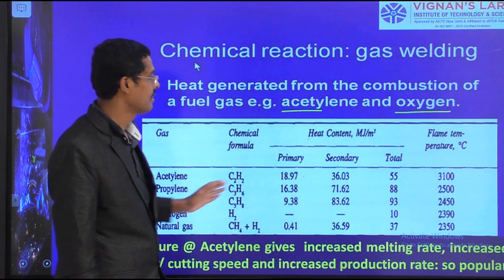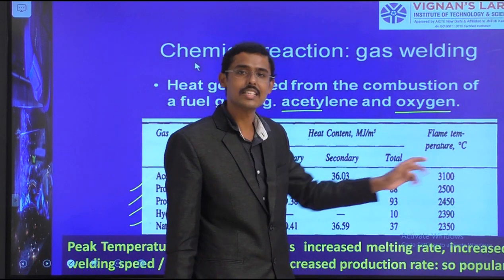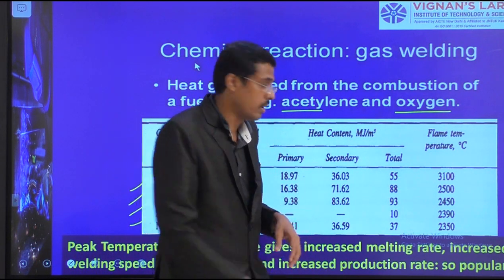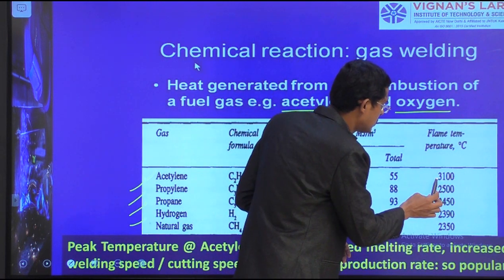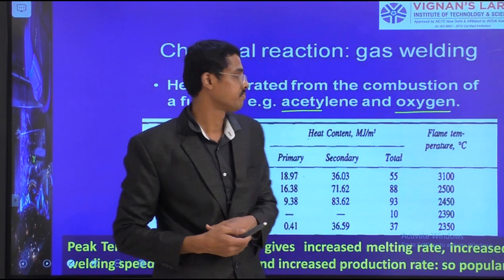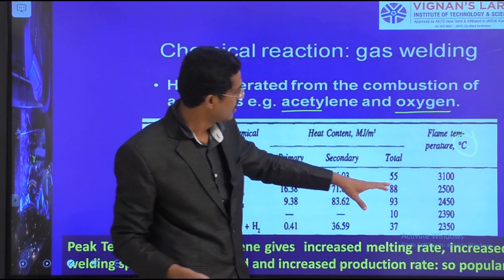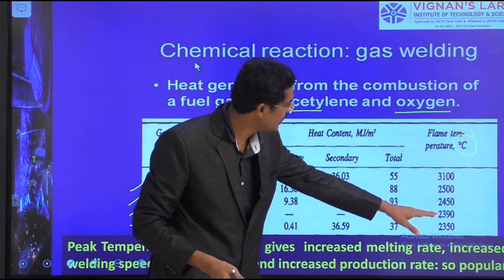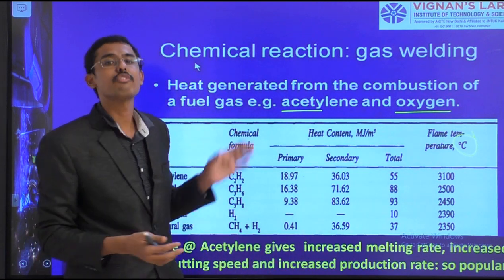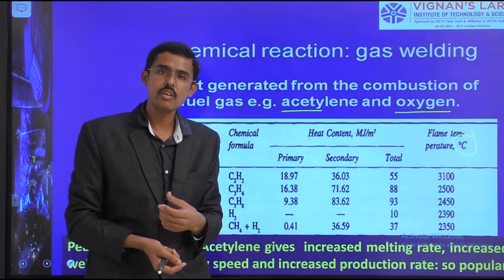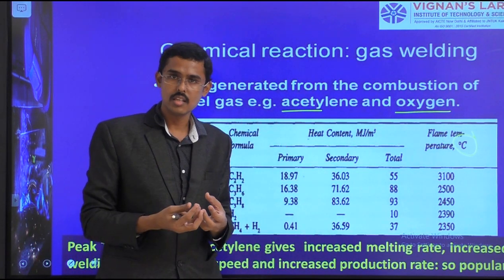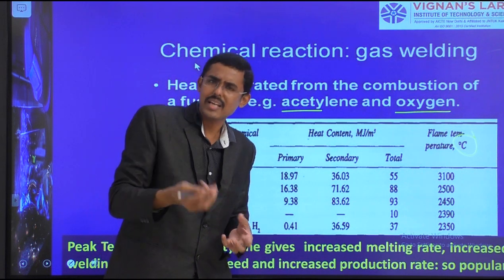Acetylene has the highest temperature, 3100 degrees centigrade, comparatively higher than all the other fuel gases.